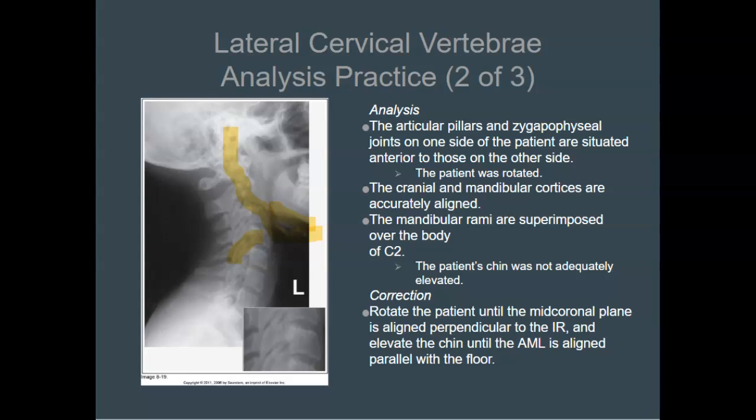And so we have an acanthomeatal line adjustment we need to make. So in order to correct this imaging error, we need to repeat this, get the mid-coronal plane perpendicular with the IR, and adjust that chin so that the mandible is parallel with the floor to clear C1 and C2.